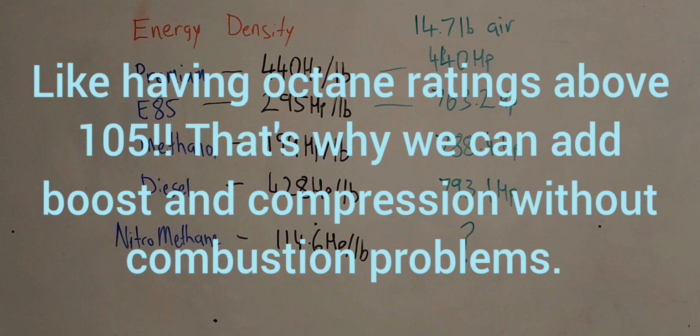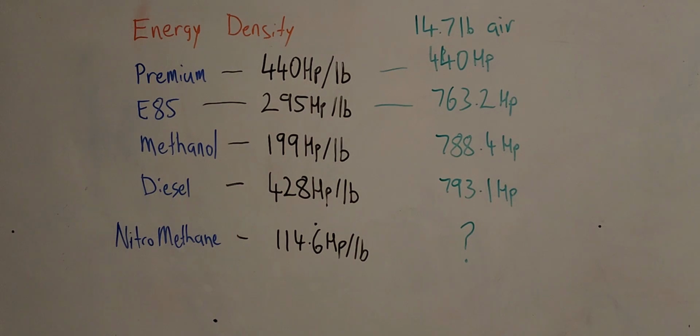So that's what that number is, and that just helps clarify and keeps things simple. So when we go down to say E85, we have only 295 horsepower per pound, so its energy density is quite a bit less.